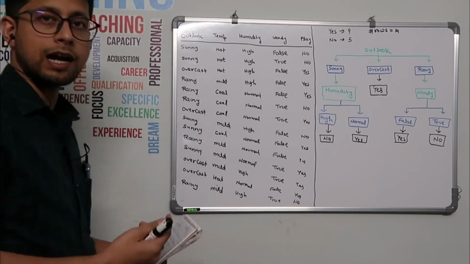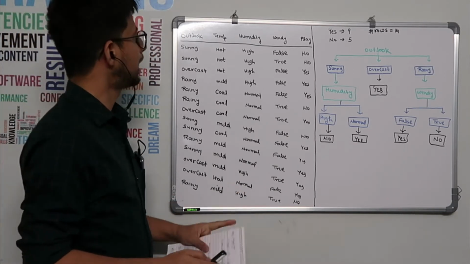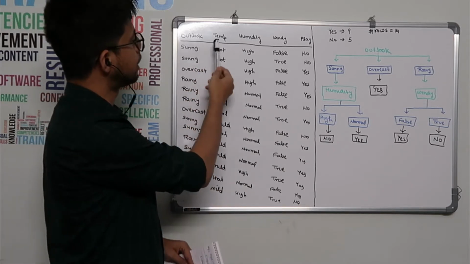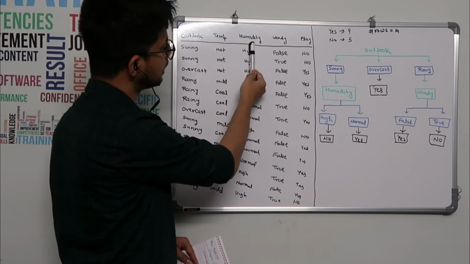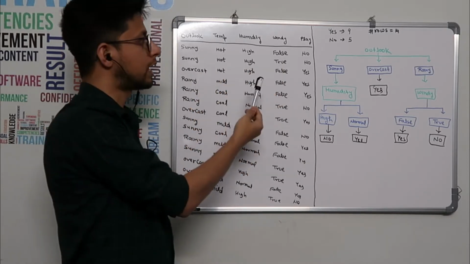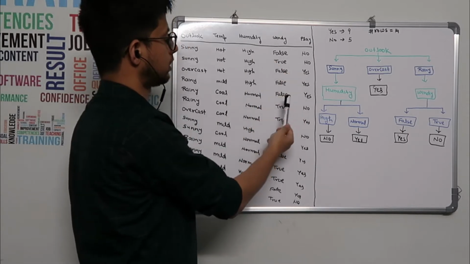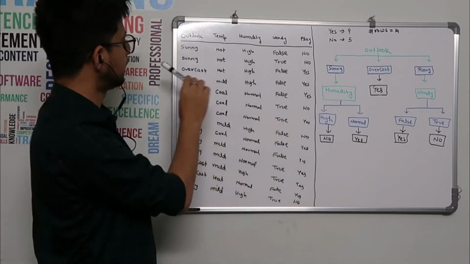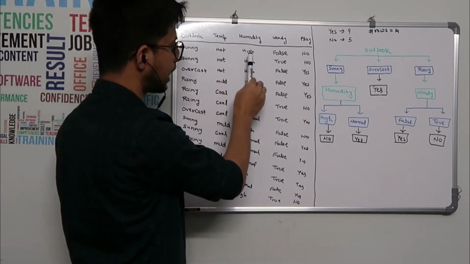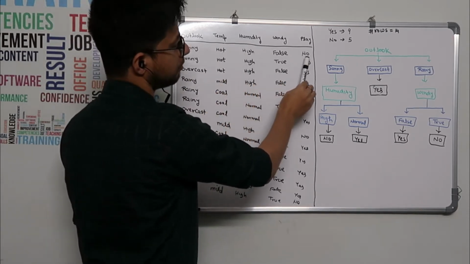Okay, so let's start with some dummy data. I have data of weather conditions: an outlook condition, a temperature condition, humidity data, windy data, and based on these four conditions we have to forecast whether play will happen or not. We have this historical data, like if it is sunny, and simultaneously the temperature is hot, humidity is very high and wind is false, then play will not happen.